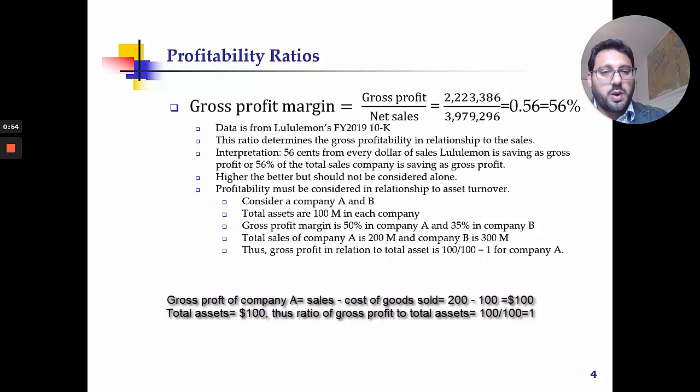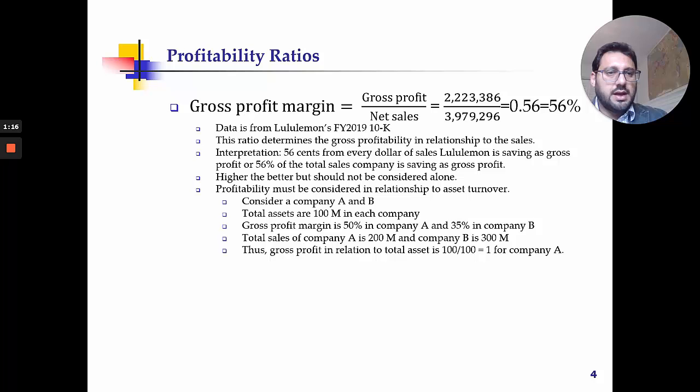So this is 1. I have simply divided the gross profit by the total assets for company A. It gave me 1. So for every dollar invested in the total assets, company A is generating $1 under the head of gross profit. For company B, the situation is a bit different.